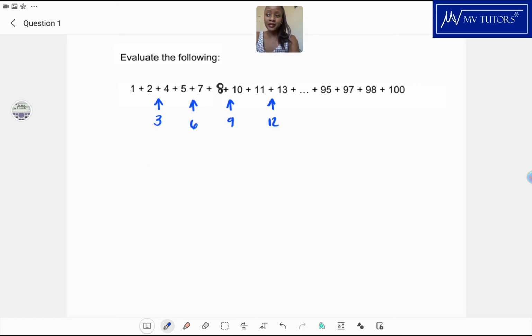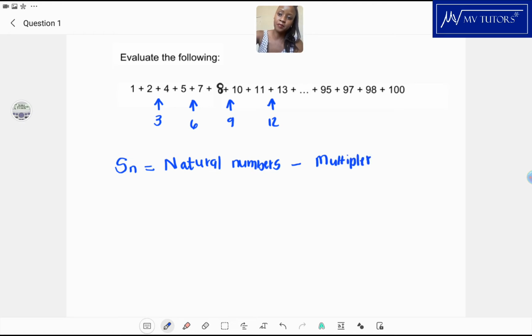So my strategy here to evaluate, I'm going to sum up the natural numbers, and then I'm going to subtract the multiples of 3, because that's the only thing that's missing from this series. All right, so let us get to it.